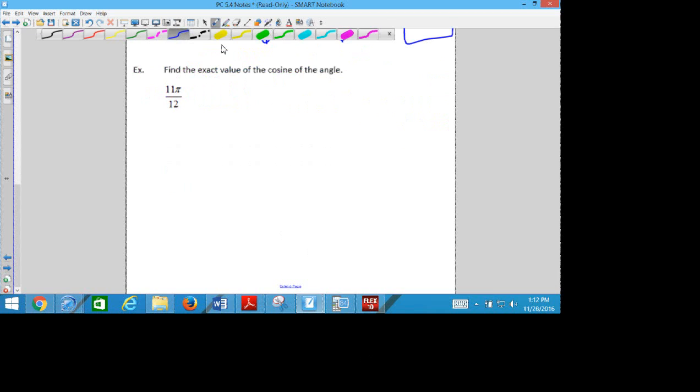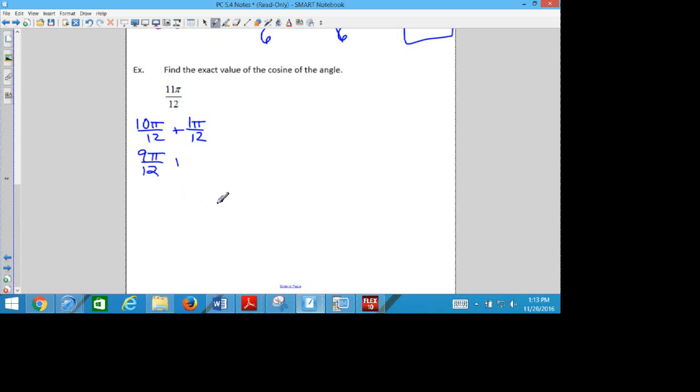So what we're going to do instead is we're going to either add or subtract two angles that we know to give us 11 pi over 12. So I would just start by saying, well, that's the same thing as 10 pi over 12 plus 1 pi over 12. Are those angles that I know on the unit circle? No. How about that's the same thing as 9 pi over 12 plus 2 pi over 12.